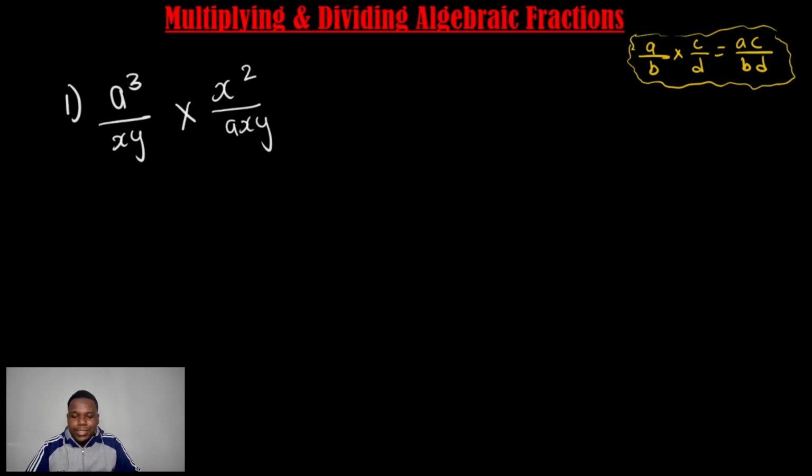Let's group this, and we can use the laws of indices to help us in writing these terms to the correct power. Multiplication is just putting them together, writing them as one thing.